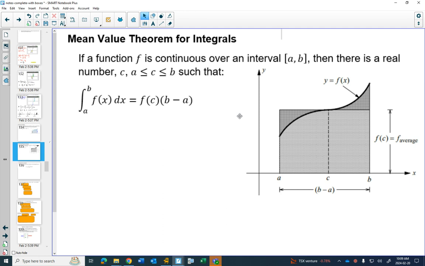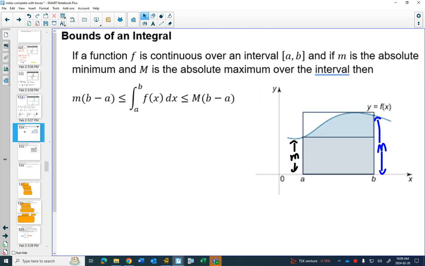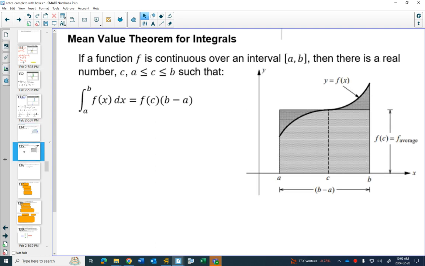That has to happen because, think of the bounds as I go from little m to big M: little m is too small, big M is too big, and if I go continuously through all the values in between, somewhere I have to hit the right number. So that's the mean value theorem for integrals.